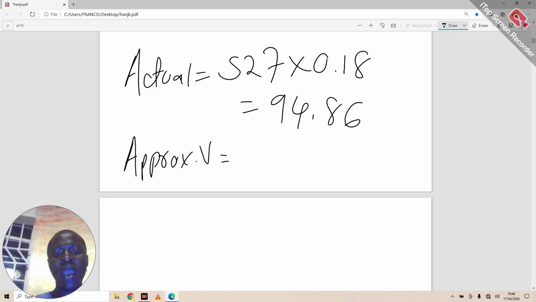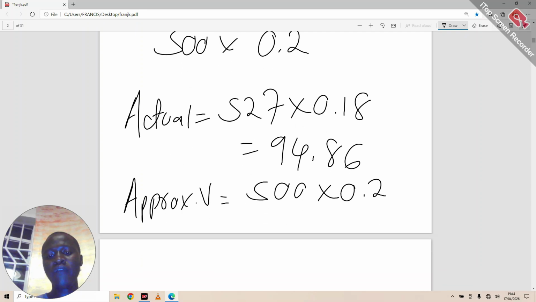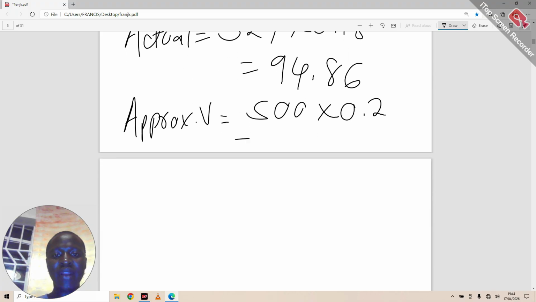The approximated value is what, guys? 500 multiplied by 0.2. Now 500 multiplied by 0.2 is giving us 100. So you can calculate the error between 100 and 94.86.